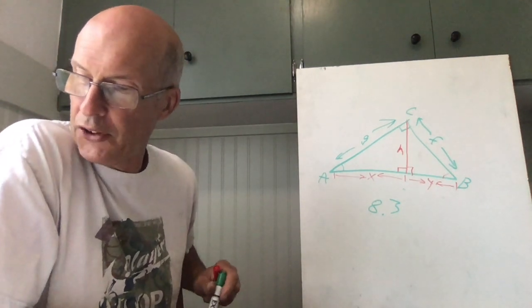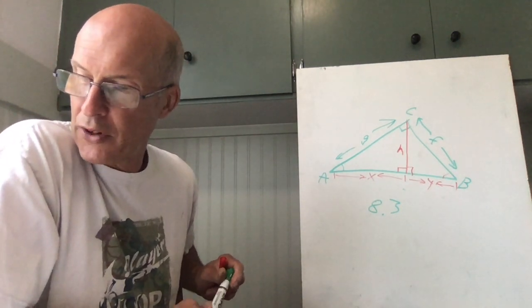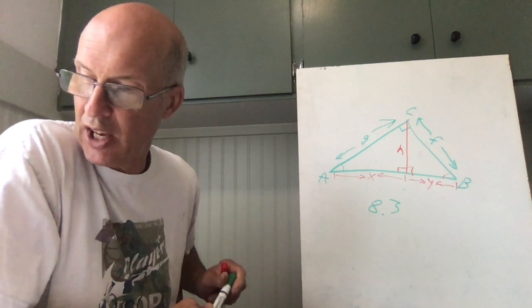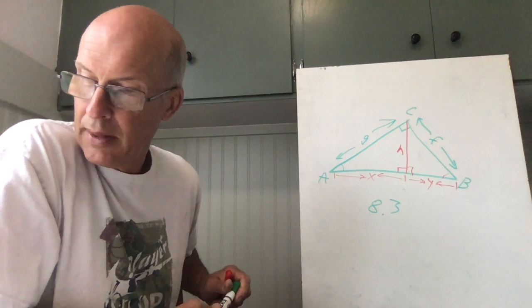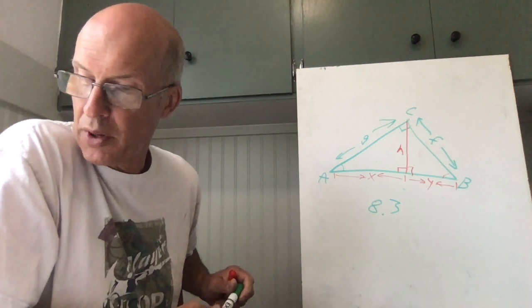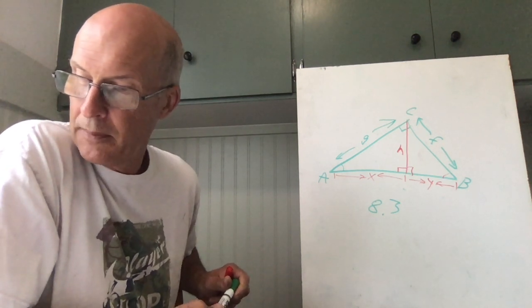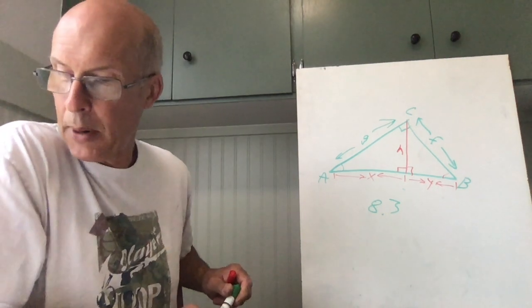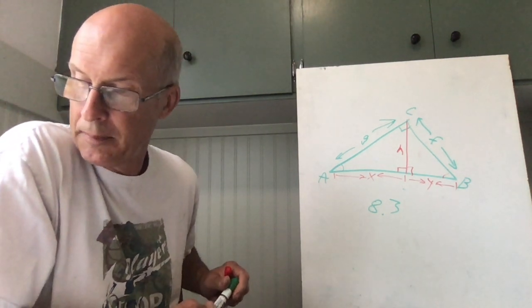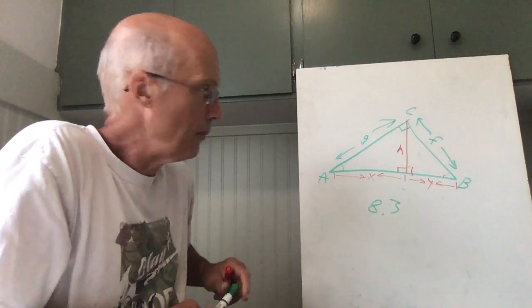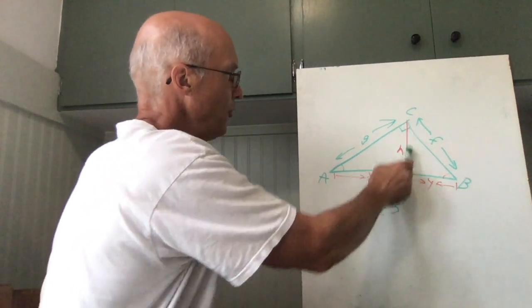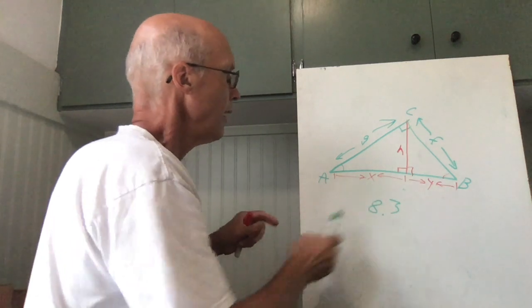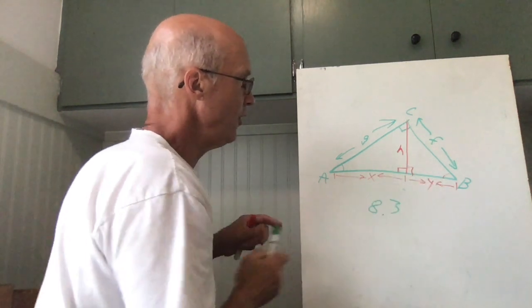It says the altitude drawn to the hypotenuse of a right triangle separates the hypotenuse into two segments. The length of a leg of this triangle is the geometric mean between the length of the hypotenuse and the segment of the hypotenuse adjacent to that leg. So what this one is saying is we've drawn an altitude. It splits this hypotenuse into two segments.